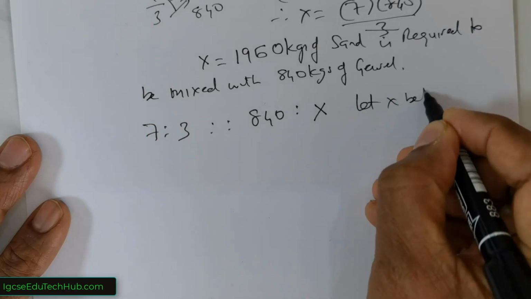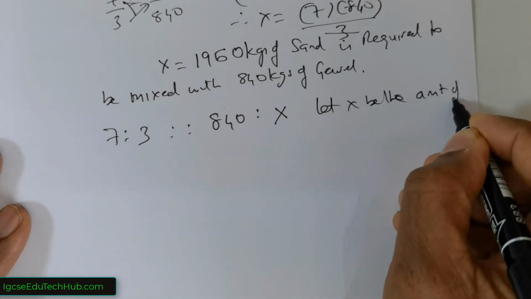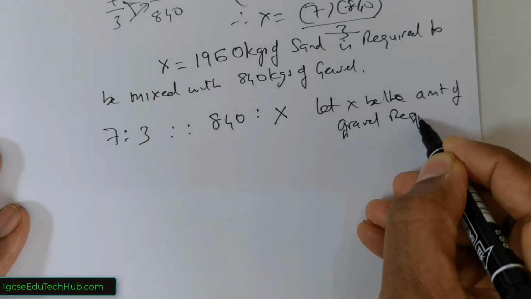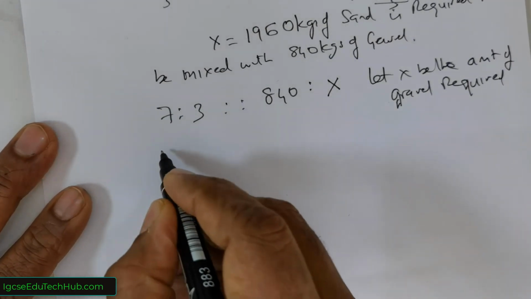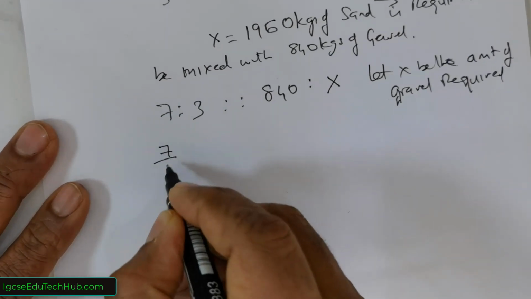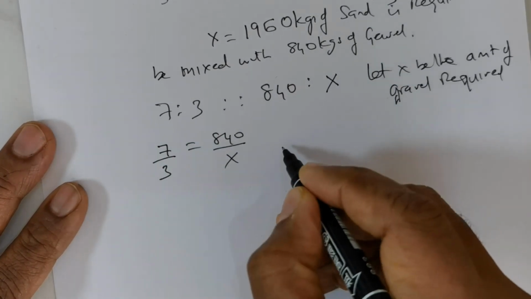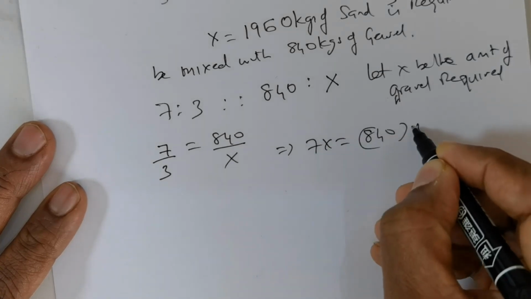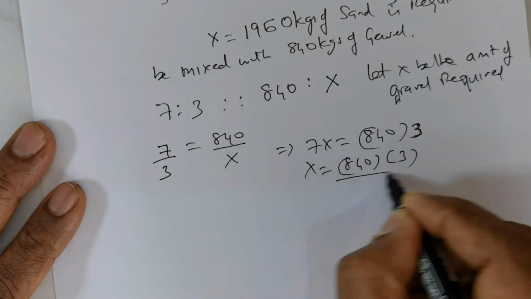So let X be the amount of gravel required. So we need to get that X. So this can be rewritten as 7 over 3 is equal to 840 divided by X. So this would mean 7 times X is equal to 840 times 3. So X is equal to 840 times 3 divided by 7.